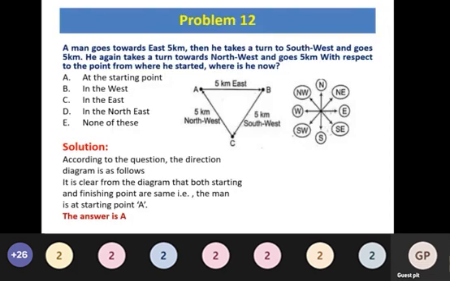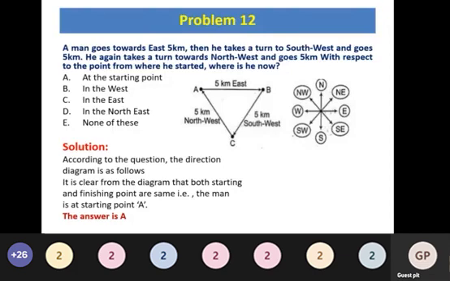With respect to the point from where he started, where is he now? I'll read it once again. Problem number 12. A man goes towards east 5 kilometers. Then he takes a right turn to southwest and goes 5 kilometers. He again takes a turn towards northwest and goes 5 kilometers. With respect to the point from where he started, where is he now?